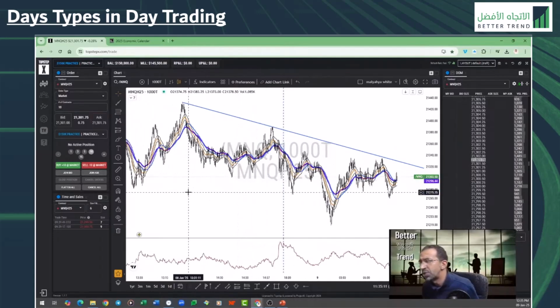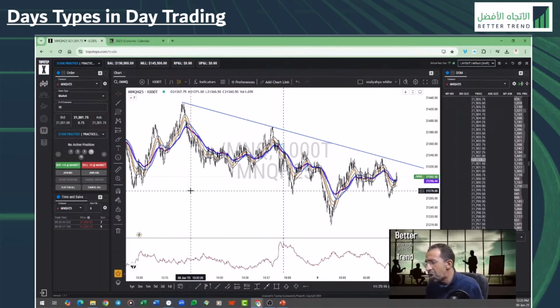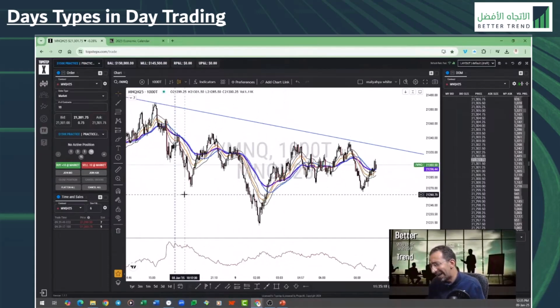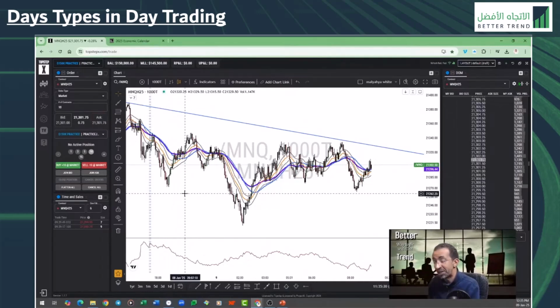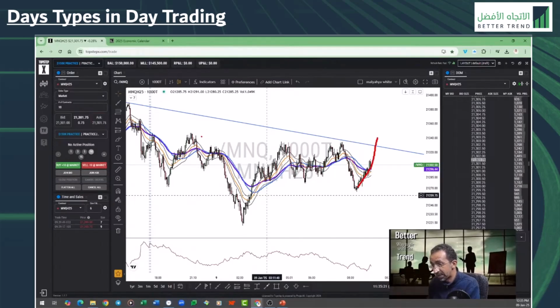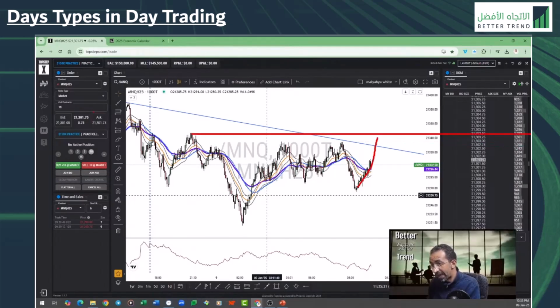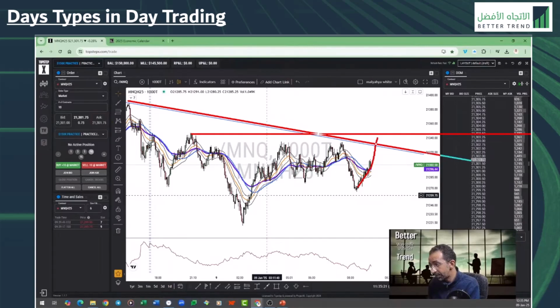Let's go. Should you always wait for a retest in case of a trend break? No, you don't have to. Yes, it gives more confirmation. Let's say if you want to buy this, you say, okay, I will wait for this. I have this high, I have this trend line.